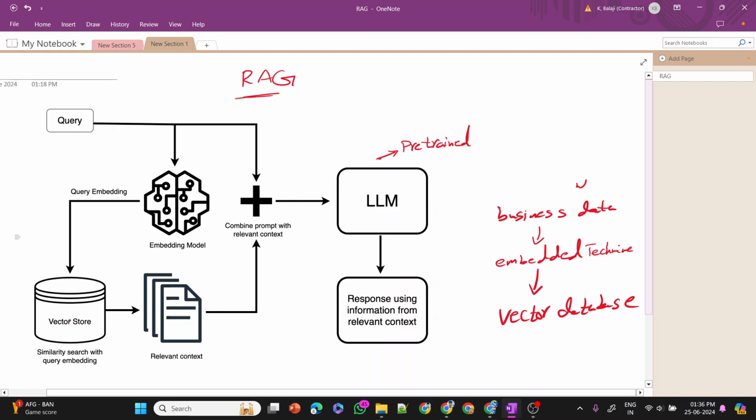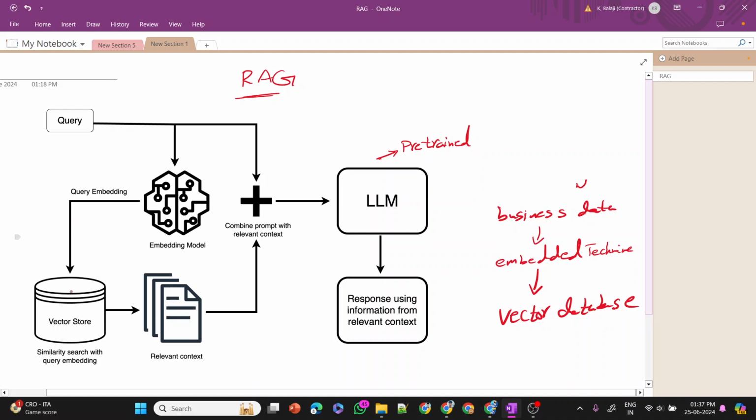Then, whenever we ask a query, the prompt is sent to the LLM. But before that, the prompt is initially converted into a vector by using the embedding technique, and then the embedded query is sent to the vector storage.